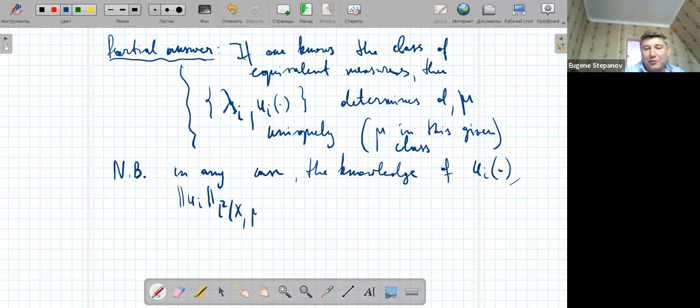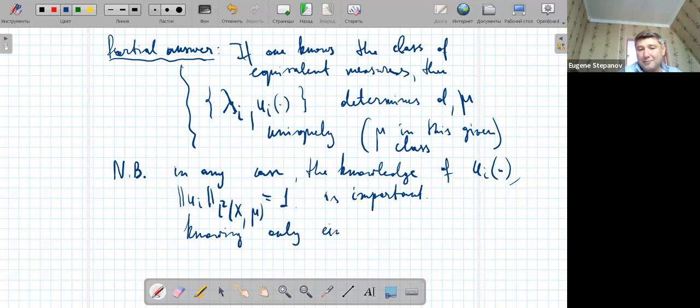I need to know how they are normed, say by 1, and that is important. Knowing only the eigenspaces plus the spectrum, of course, is not enough.